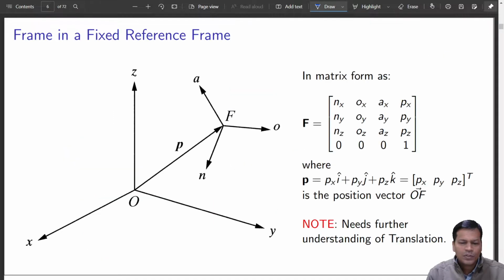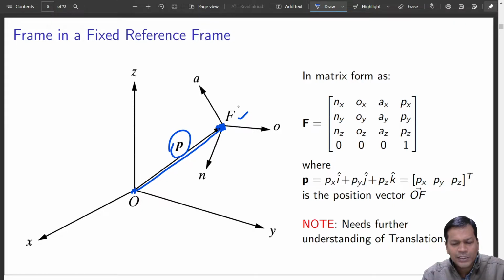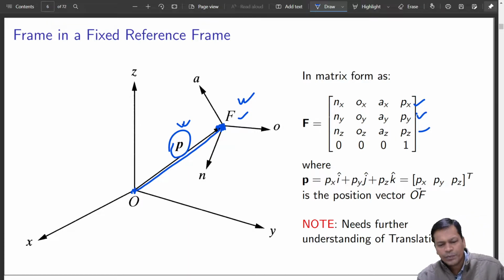Now I can dislocate this point from O. I can make this point travel to a distance, which is now located at F. This time you have a vector which represents the location of F by vector Px, Py, Pz. So this is a position vector. Be very careful.